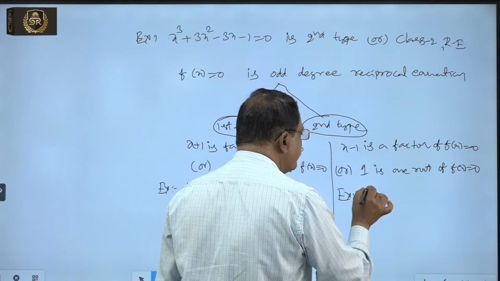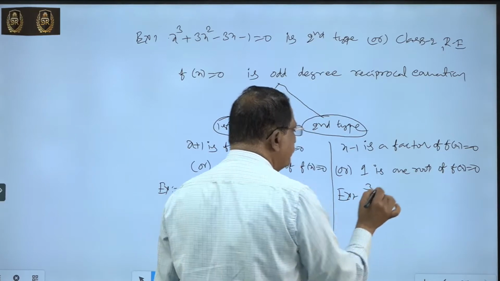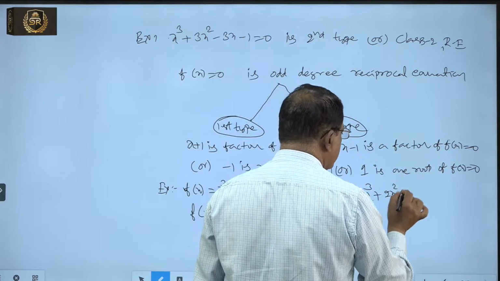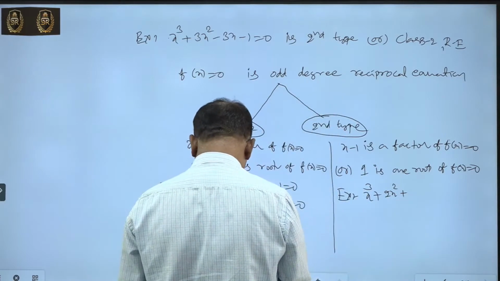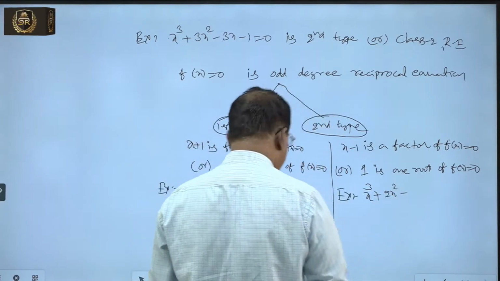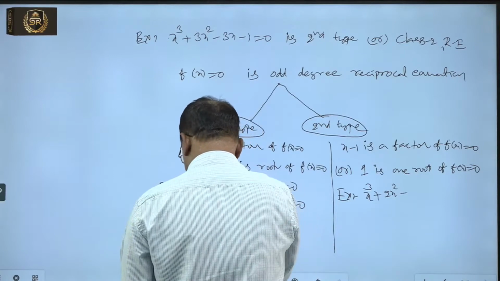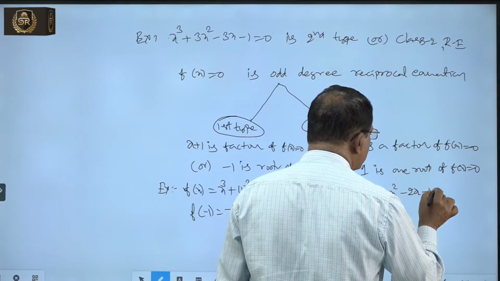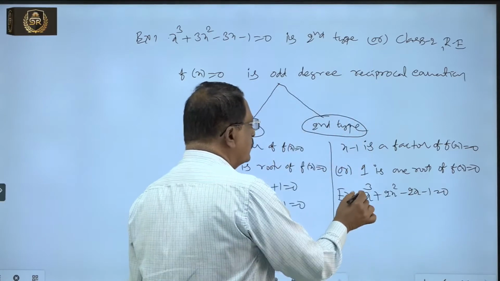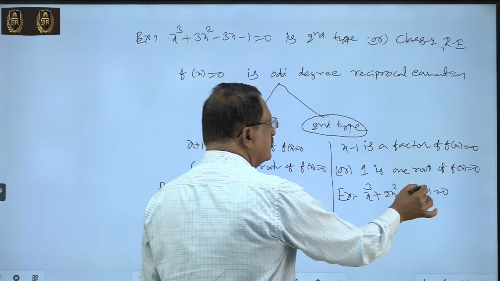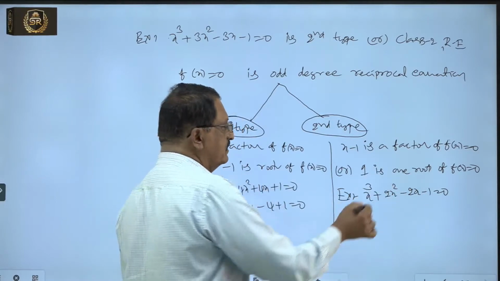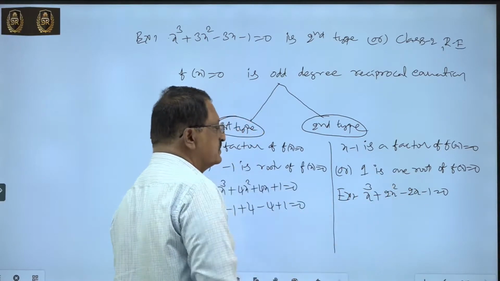Consider the odd degree equation x cube plus 2x square minus 2x minus 1 equals 0. Here the coefficient of x cube is 1, the constant is minus 1. Therefore 1 equals minus of minus 1. Similarly, 2 equals minus of minus 2.